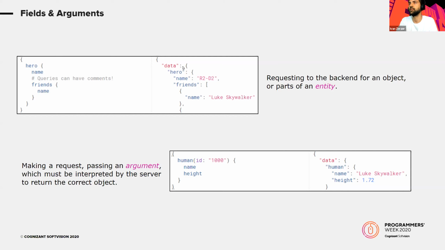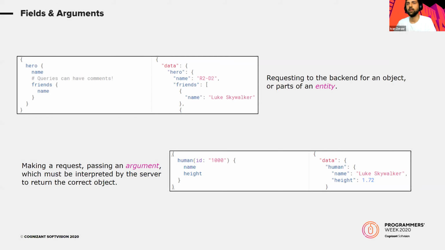So the data comes back with a hero, R2D2, and the friends is an array including Luke Skywalker. Yeah, what we see on the left is the query, and on the right, the object of the response.